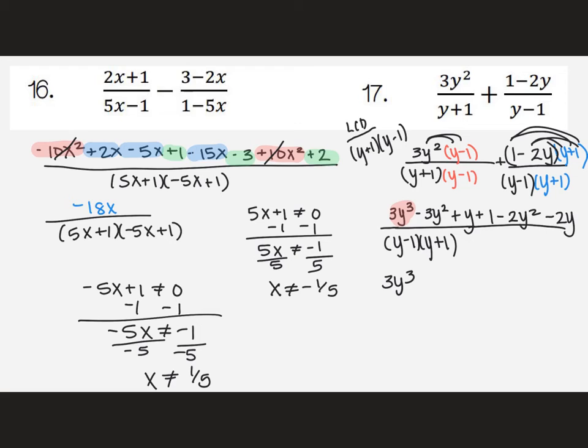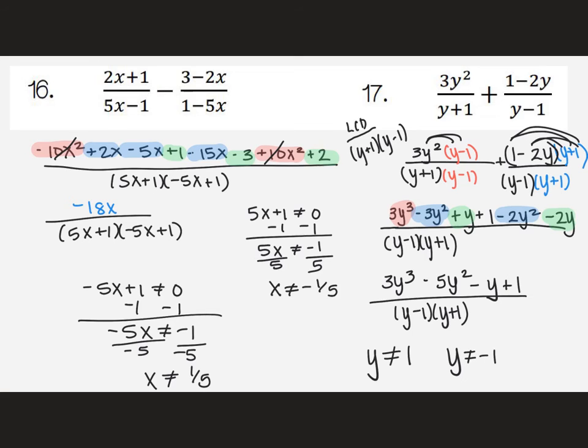I have a negative 3y squared minus 2y squared, so that's negative 5y squared. I have a y minus 2y, so that's minus y. And then plus 1. I can't factor any further or simplify further, so now I'm just going to list domain restrictions. So y cannot equal 1, and y can also not equal negative 1.